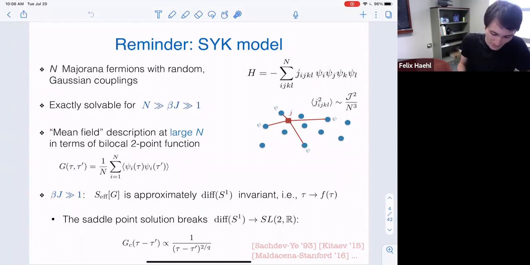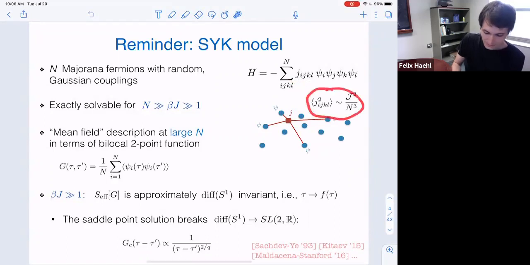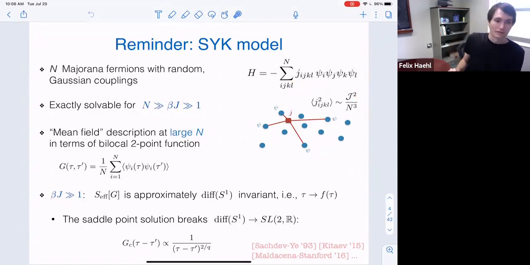So the SYK model is this disordered quantum mechanics of Majorana fermions, disordered meaning that these coupling constants J with some number of indices are drawn from a random ensemble. This model has attracted a lot of attention because it's exactly solvable in the large N limit, and in particular at large beta J, which is the dimensionless coupling that sets the energy scale in this model.